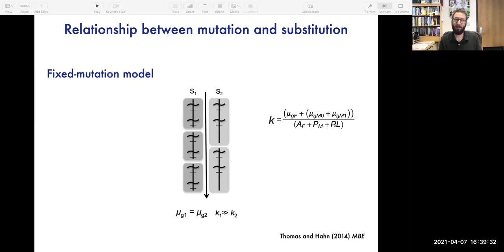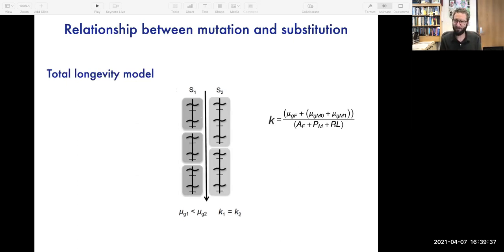Relating this model, which clearly isn't true, to the model I've been talking about: if you reason through the same things for the total longevity model, at least if you imagine that the rate of mutation accumulation through age goes through the origin, then the rate of nucleotide substitution per unit time is the same between species, but of course the mutation rate per generation is slightly lower in a shorter-lived species, because it's just this mutation clock occurring in every organism.